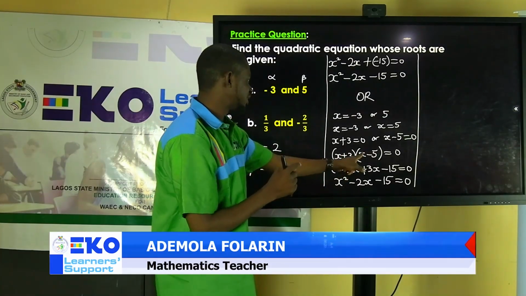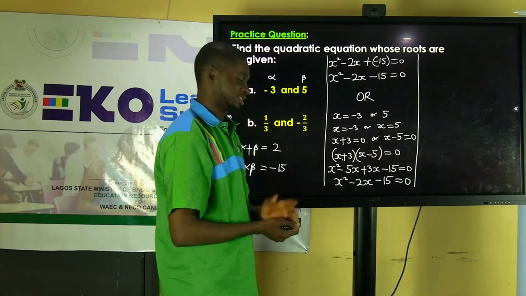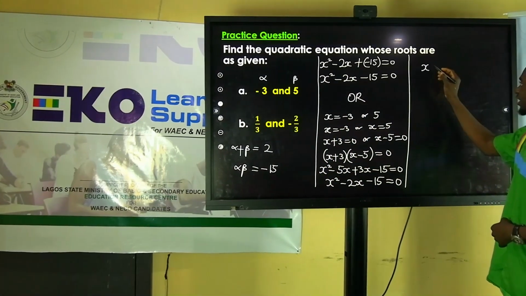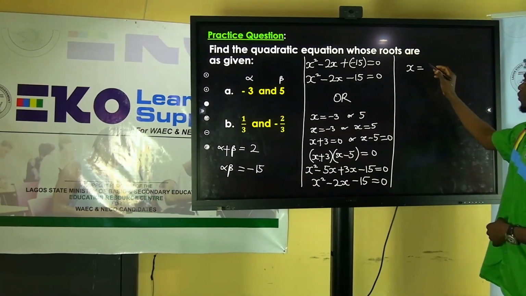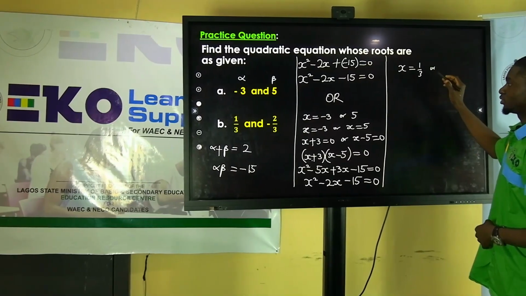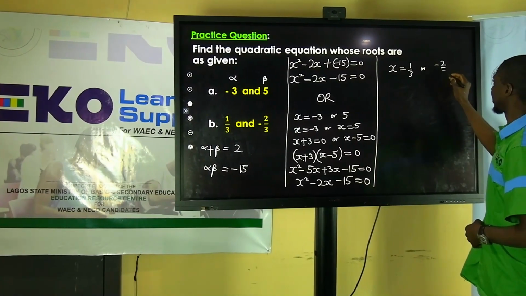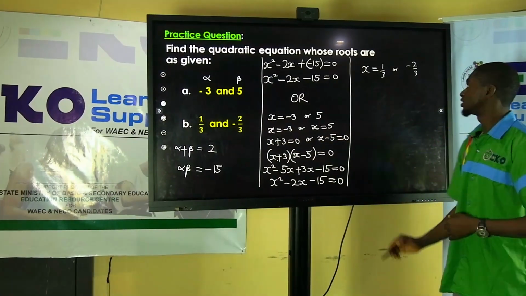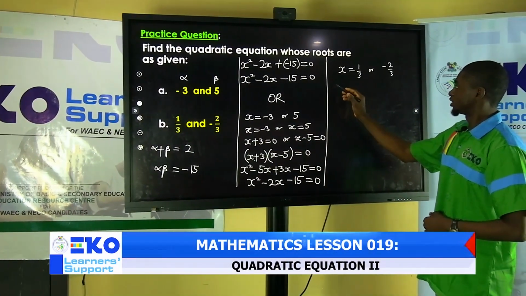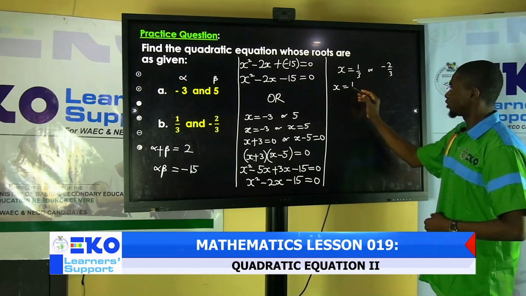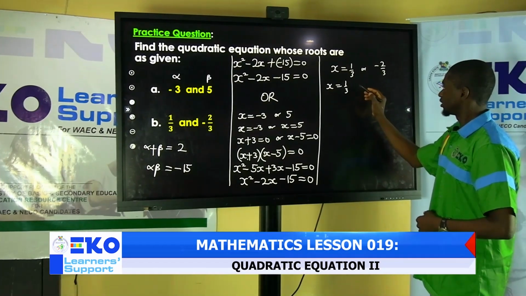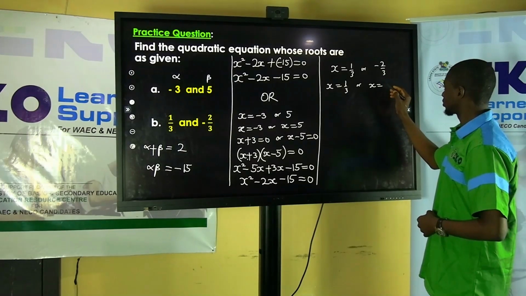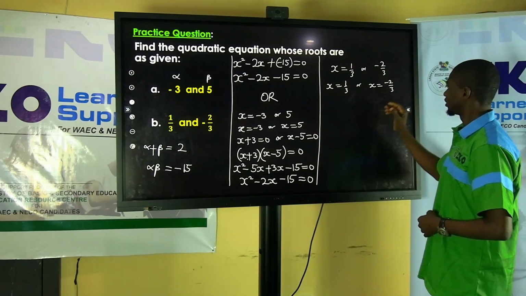So let's now use this second method for this. Then we say x equals 1 over 3 or minus 2 over 3, right? We are looking forward to getting an equation that holds these roots. So here we say x equals 1 over 3 or x equals minus 2 over 3.